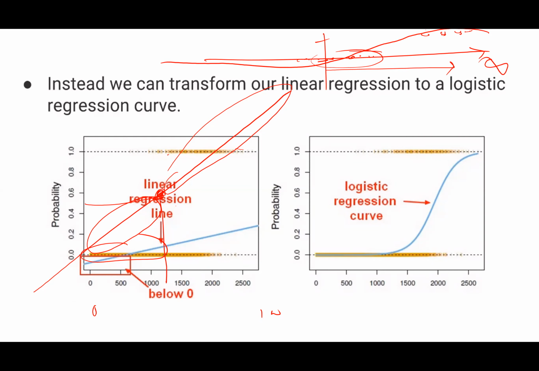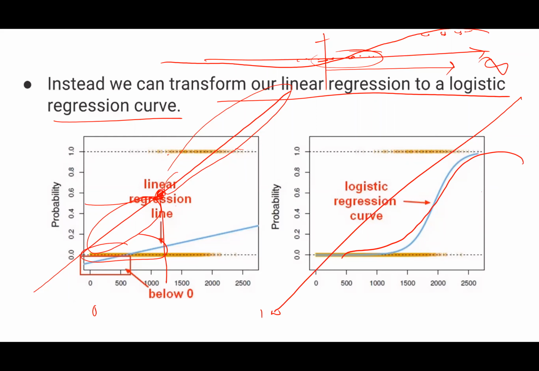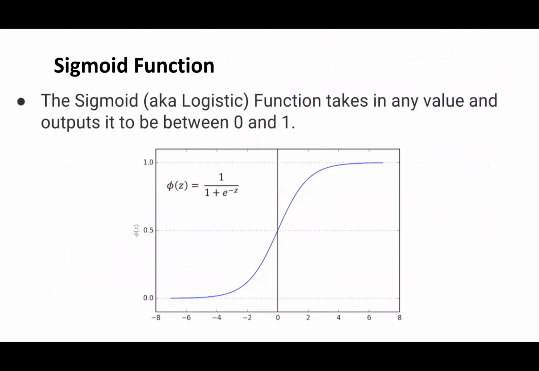Modeling this kind of behavior with a straight line can be very difficult. So instead we want to transform our linear regression into a logistic regression curve, because the straight line is so rigid that I cannot change its shape to adapt to this kind of data distribution. So we use mathematics to help us.